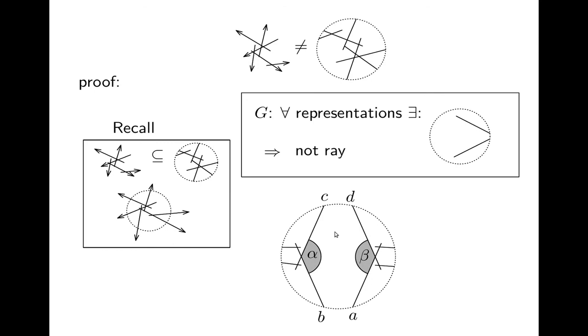Because of this, either C and D go together, like it's drawn here, or A and B do. So this means in all representations of this graph, I have this phenomenon, meaning this is not a ray graph, for any way to realize it.